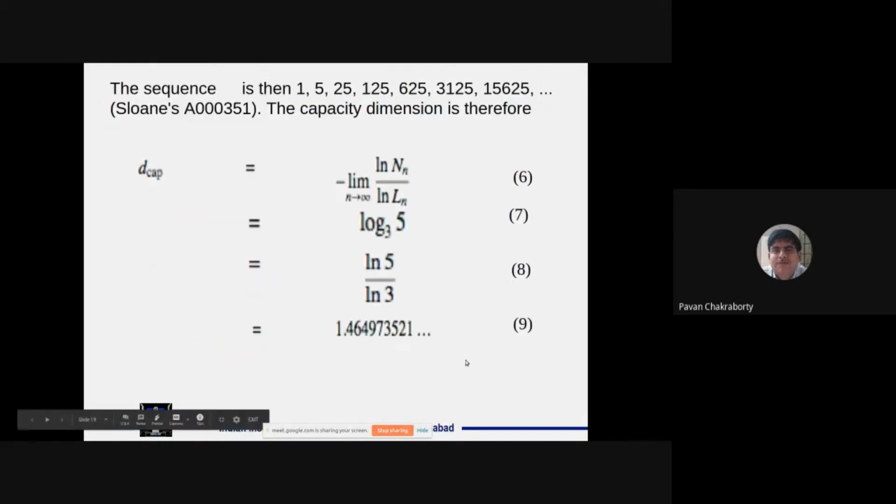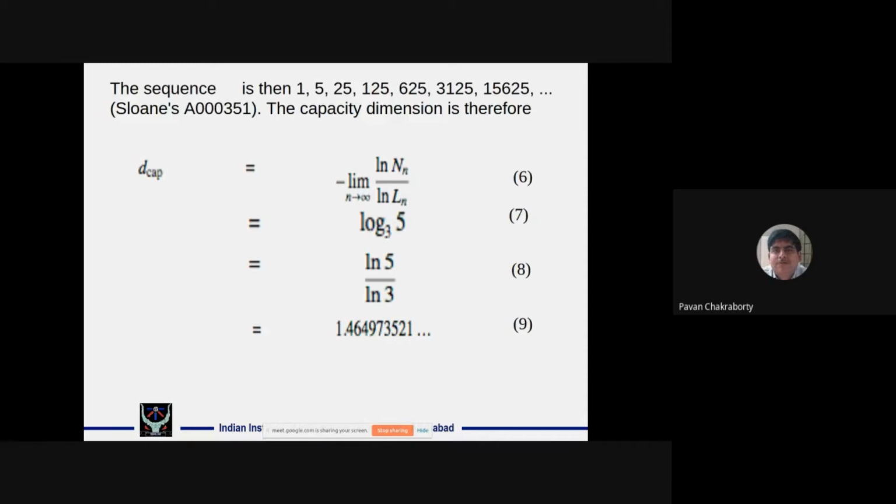And I will define dimension as a term of this kind. Please remember this is a dimension. Dimension is defined as log of the total number of children after the nth iteration, divided by log of the length scale. The length scale, as we saw, is reduced by 1 by 3.